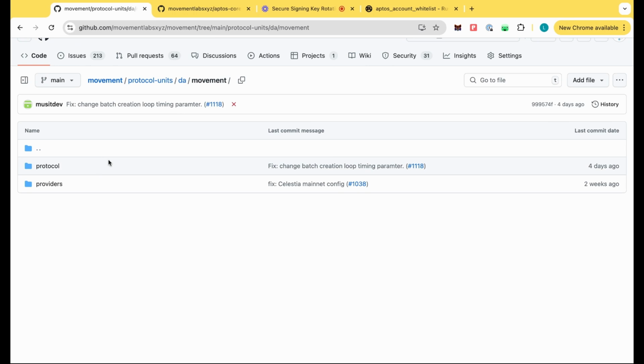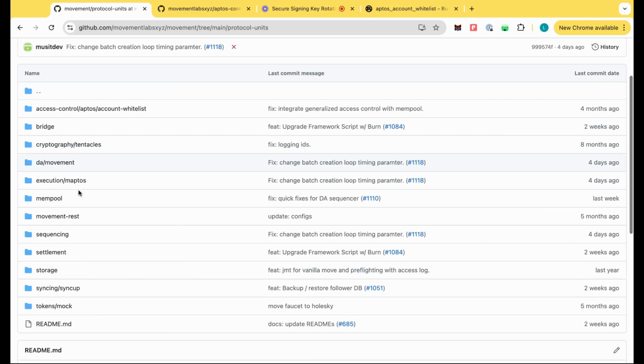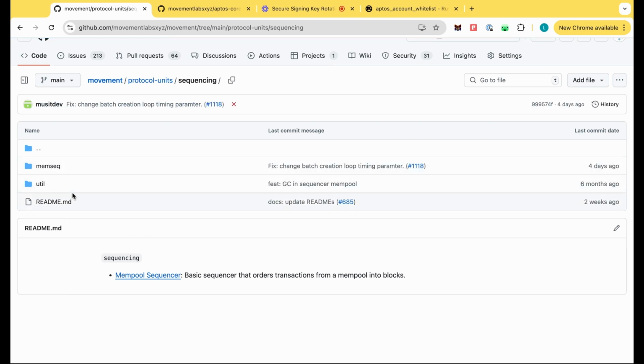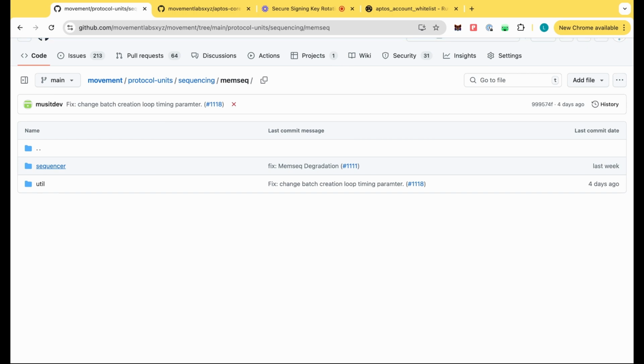The core logic behind how blocks are constructed is defined in another crate where we have sequencing. Essentially, this memsec crate is a sequencer that wraps over a generic structure that implements a mempool trait.